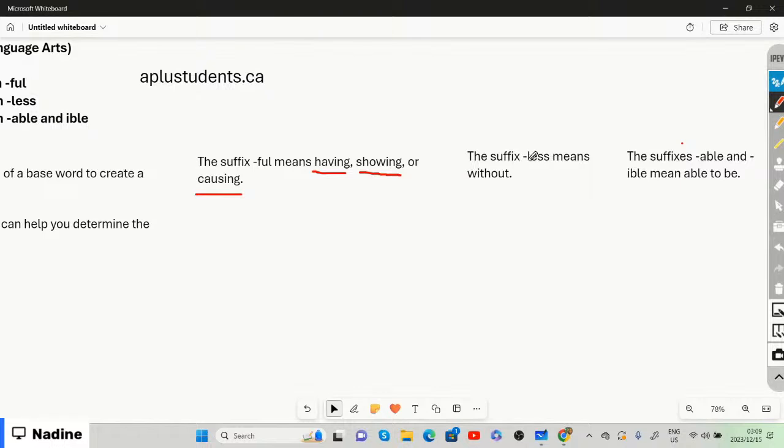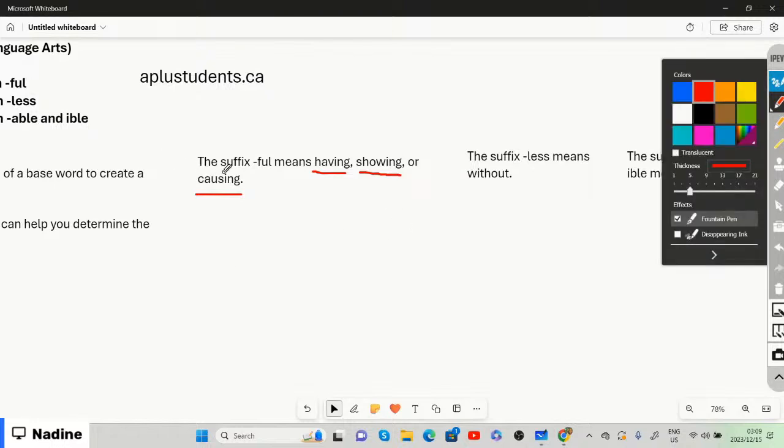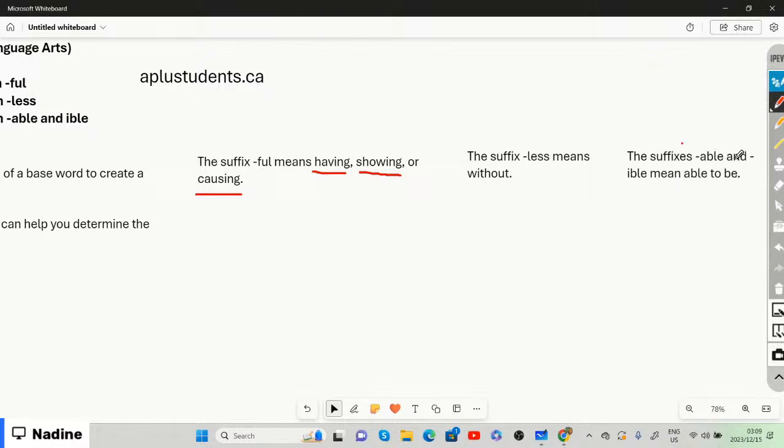Suffixes with less mean without. And suffixes with able mean able to be.